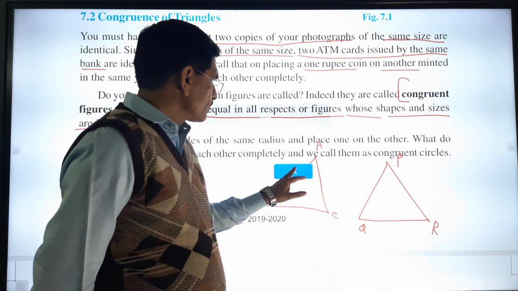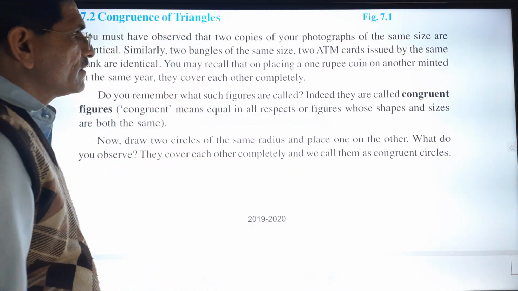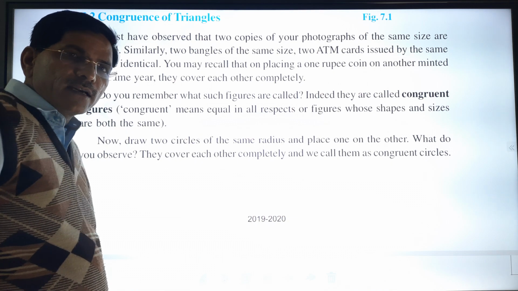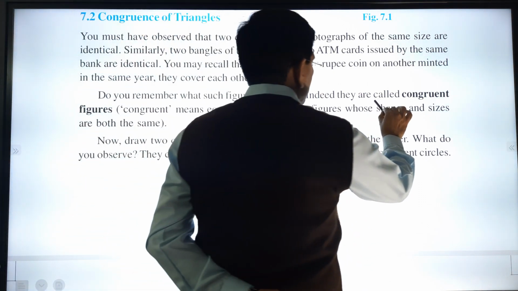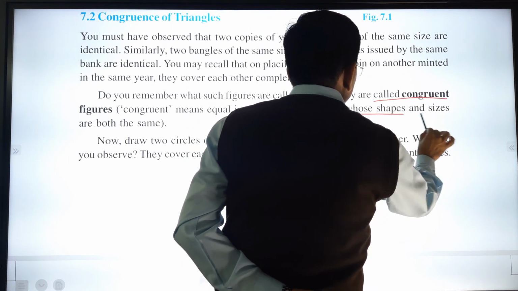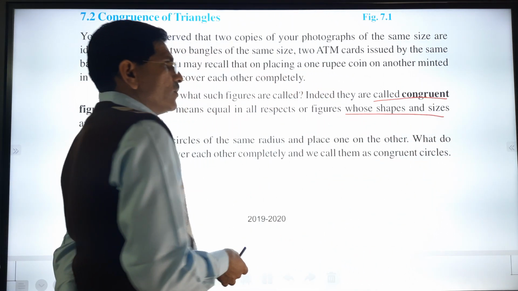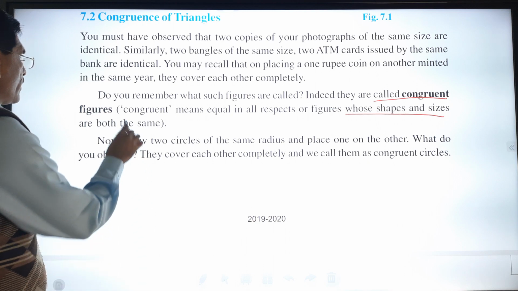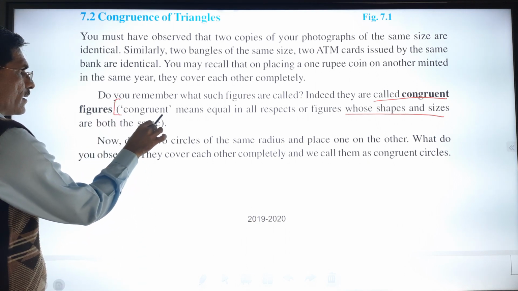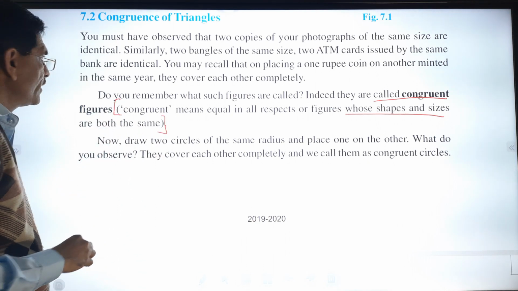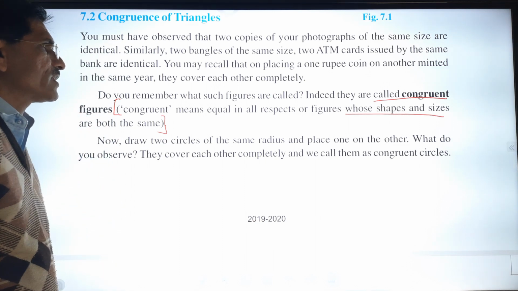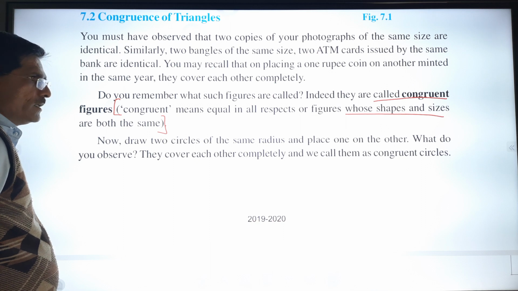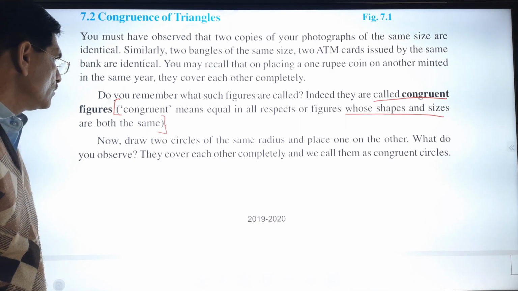In this chapter, we want to discuss this in relation to the triangle. So write another point related to the triangle. That is the important point. Congruent means equal in all respects, or figures whose shape and size are both the same.